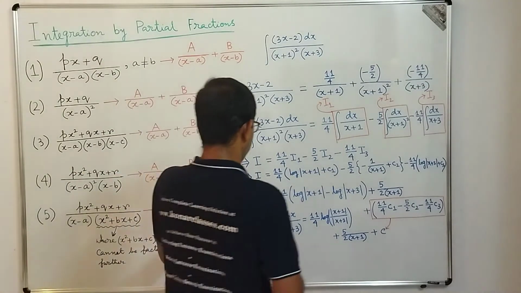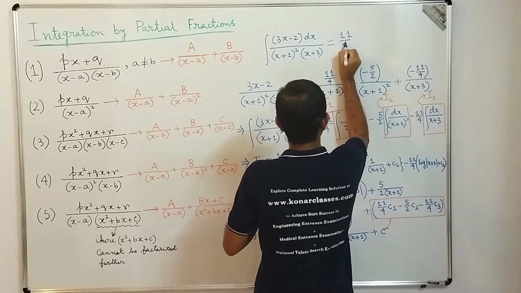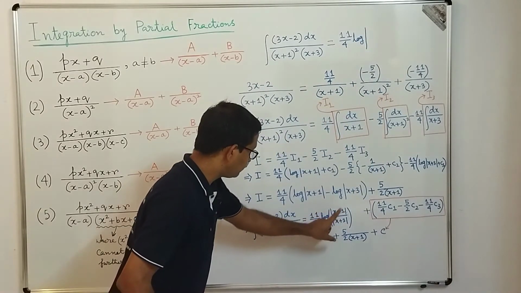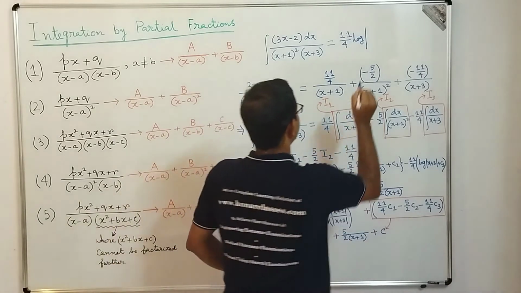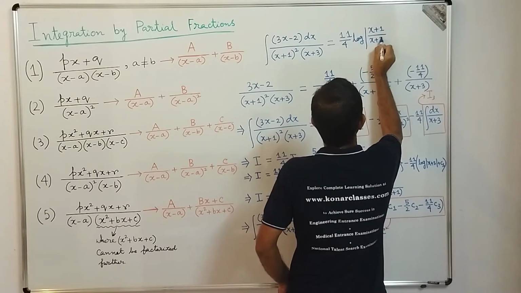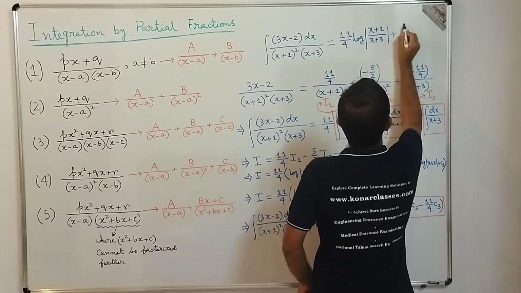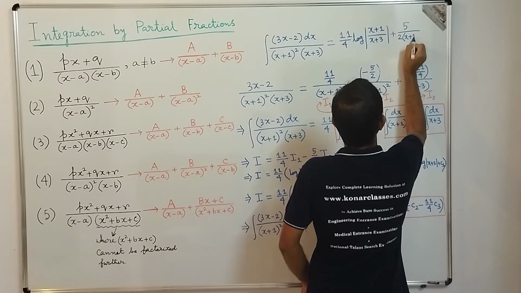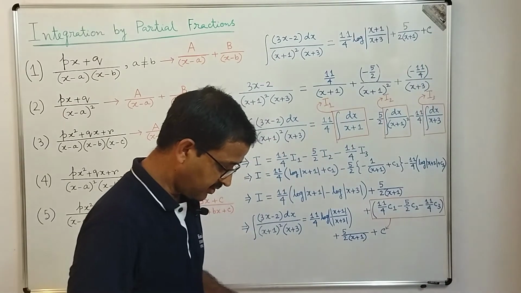This is equal to 11 by 4 log mod x plus 1 by mod x plus 3, plus 5 by 2 into x plus 1, plus the integrating constant c. We are done with this question.